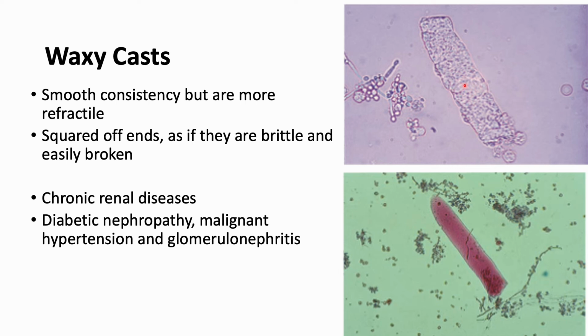It has a smoother consistency and becomes more refractile, with squared-off ends. Waxy casts are seen in chronic renal disease, diabetic nephropathy, malignant hypertension, and glomerulonephritis. With supravital stains, waxy casts tend to stain a homogeneous dark pink.